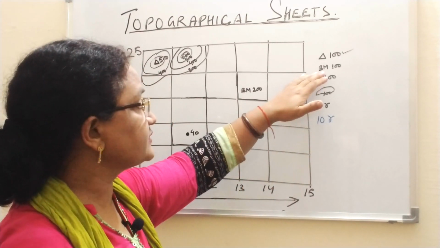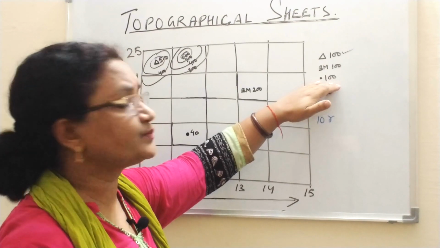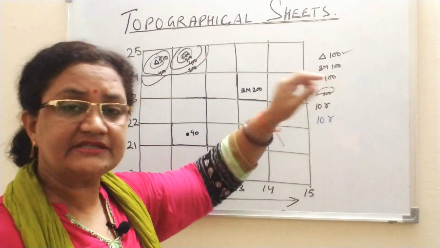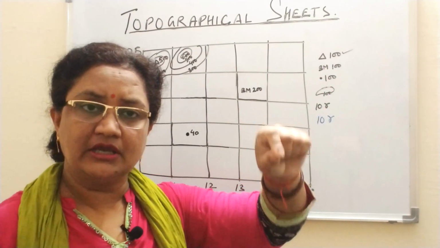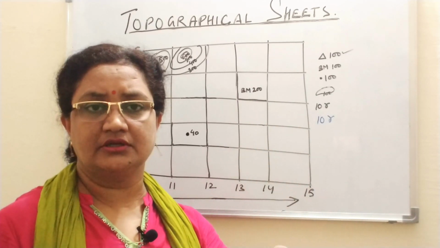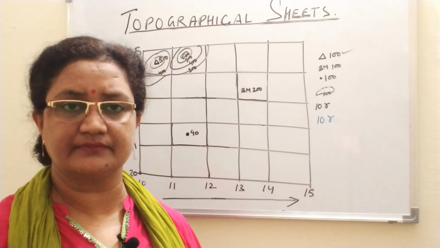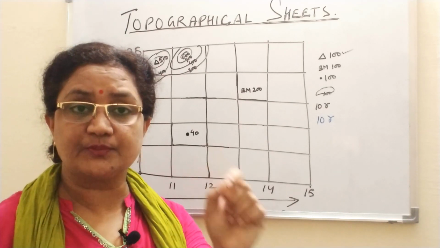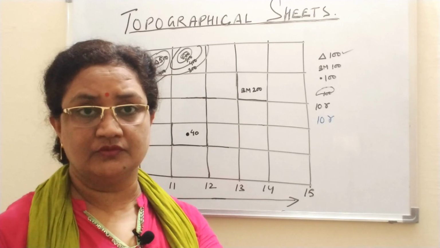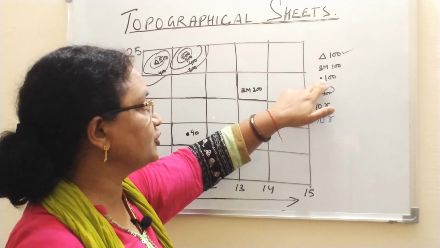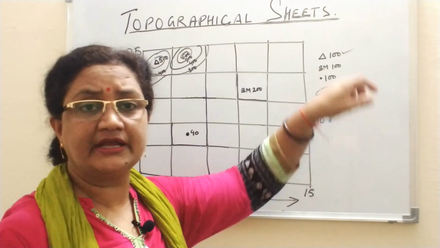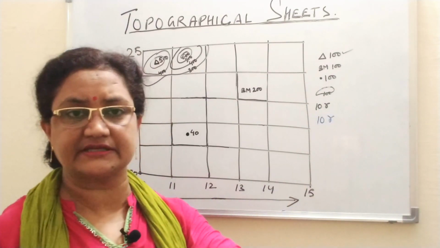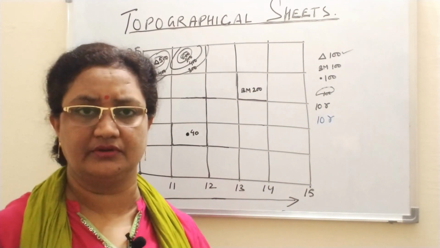Now after this, next one comes as a spot height. Always a dot will be given, and along with that dot any number will be mentioned. Now what is it? That is called a spot height. Suppose it is given like this, a dot and 100, a dot and 200 or 150, 160, 170, whatever is the number.